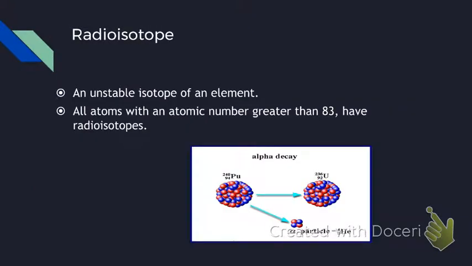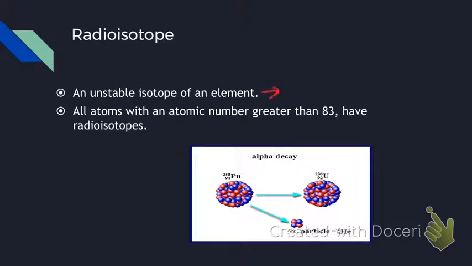So what is a radioisotope? A radioisotope is any unstable isotope of an element, usually, like we said before, larger elements. All atoms with an atomic number greater than 83 tend to be radioisotopes, meaning they undergo radioactivity.